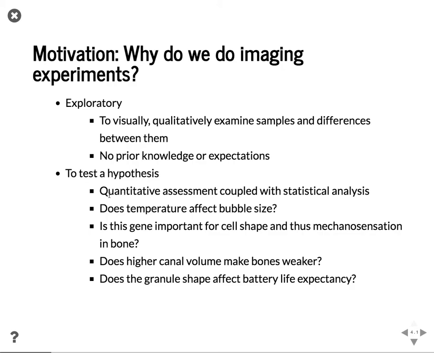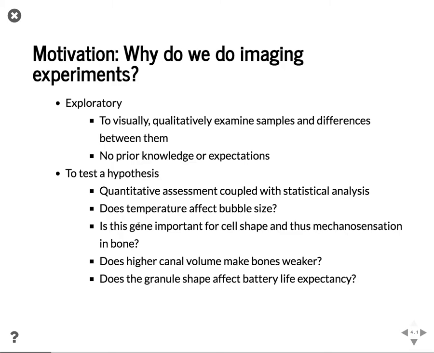An example question would be: does temperature affect bubble size? There you think, as the temperature goes up, the bubbles get larger, because we've seen in some experiments that this appears to happen. Now we want to actually quantify how much larger it gets. We want to have control groups. We want to see how well that works.